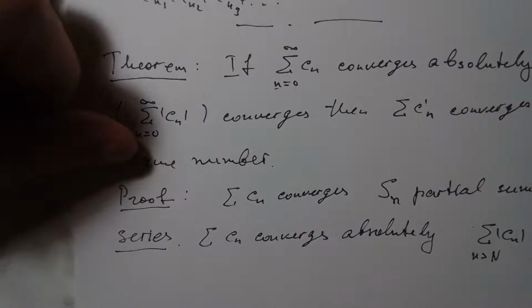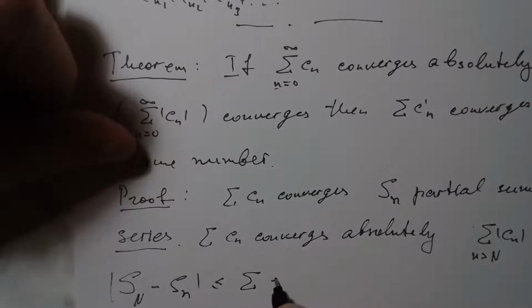Moreover, I know that this thing has the property that the absolute value of Sm minus Sn is less or equal than the sum of the absolute values of C sub n plus C sub n plus 1 plus etc. plus C sub m.